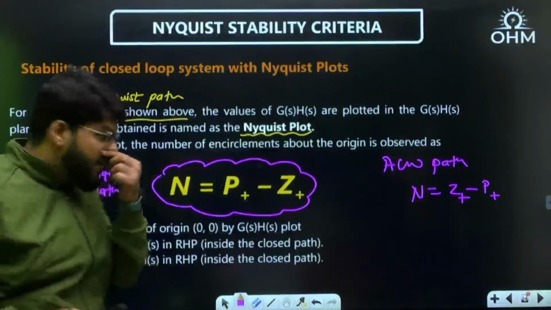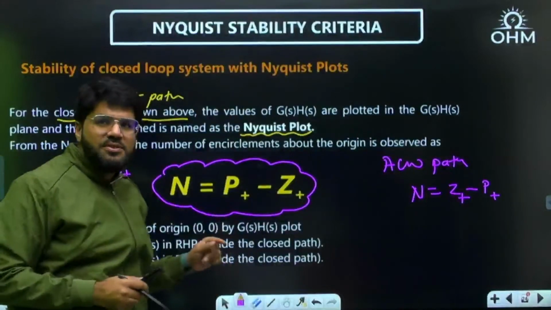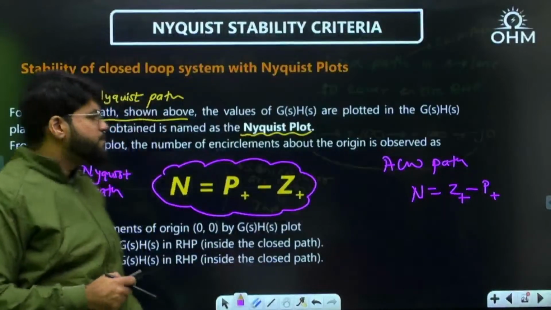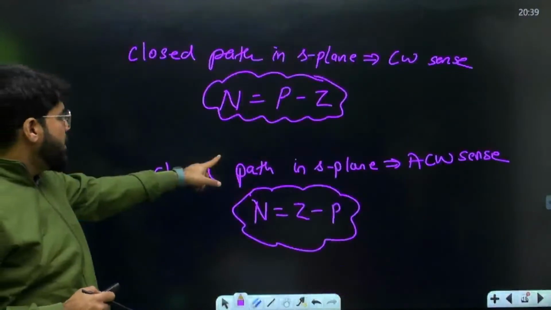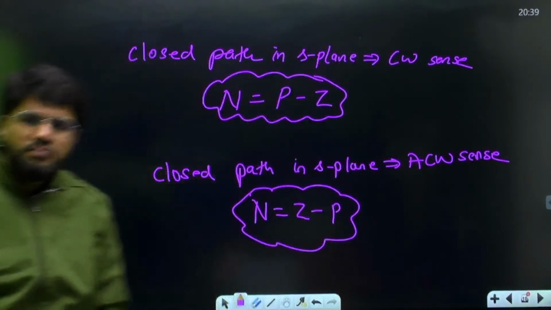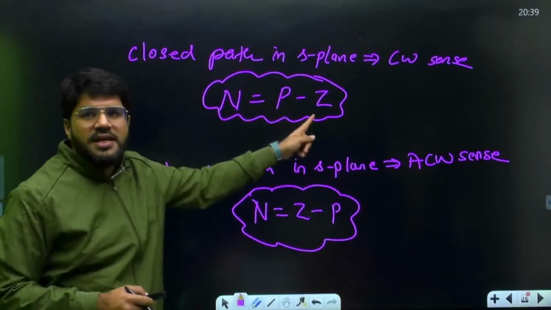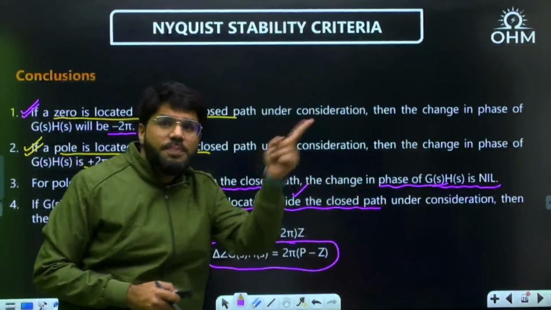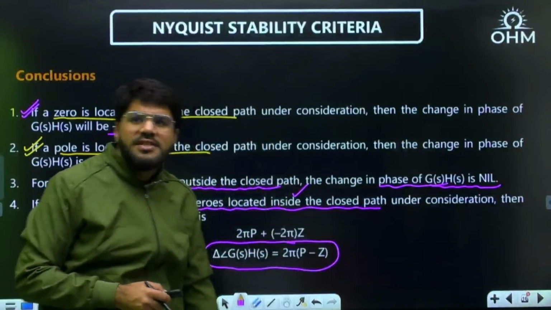Now in this formula, very clearly I write P plus and Z plus, to make you remember easily. In our original formula, P minus Z, what is P and what is Z? It is the poles and zeros of G(s)H(s) which are inside the closed path, not the total poles and zeros of G(s)H(s).